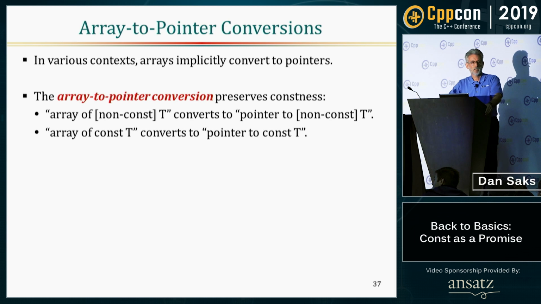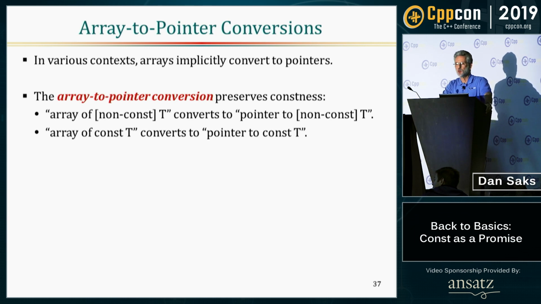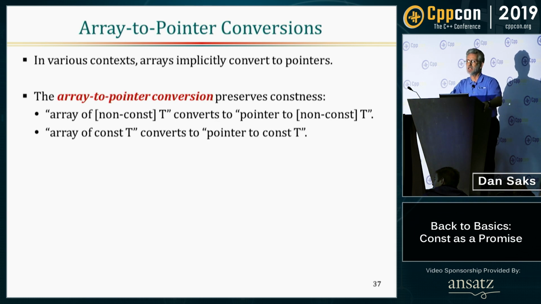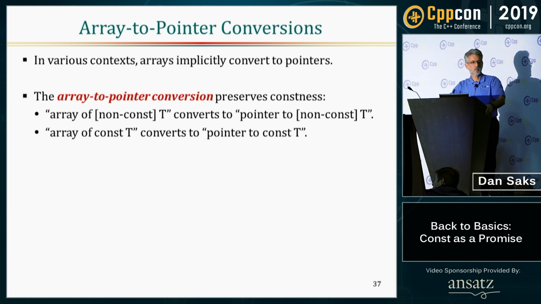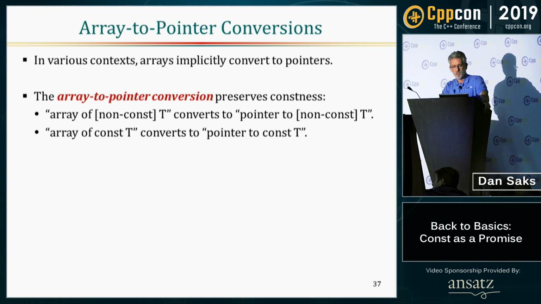There is a conversion known as the array-to-pointer conversion. In many contexts, not every context, where you use an array, the compiler will implicitly convert it into a pointer to its 0th element and use that for the rest of the expression evaluation.